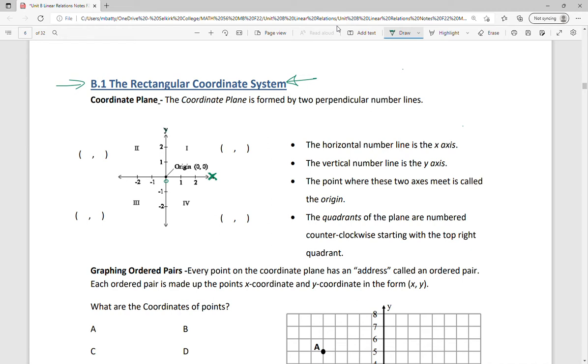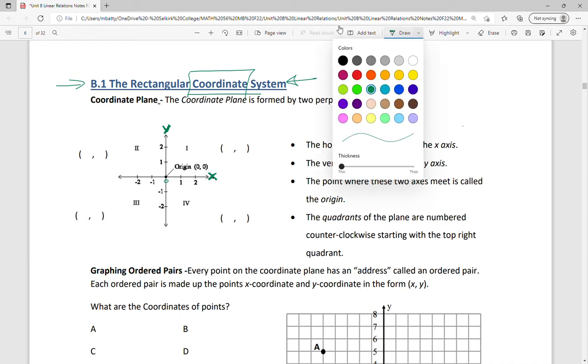And then there's another number line that goes vertically, which we call the y-axis, and that goes again from 0 on up positive and 0 on down negative. So anywhere on a grid that is the coordinate plane, the coordinate system, it has an address, if you will. It has a location.